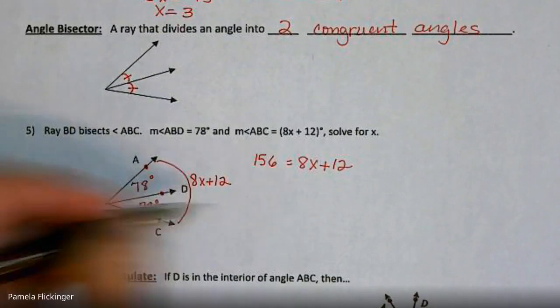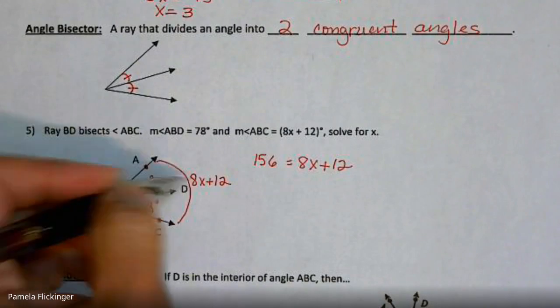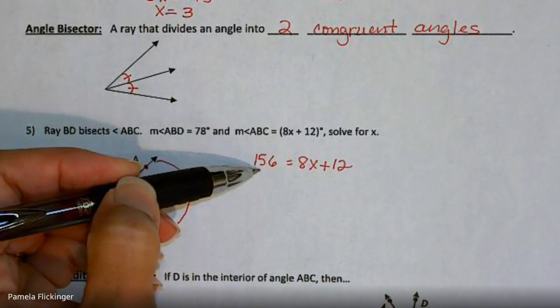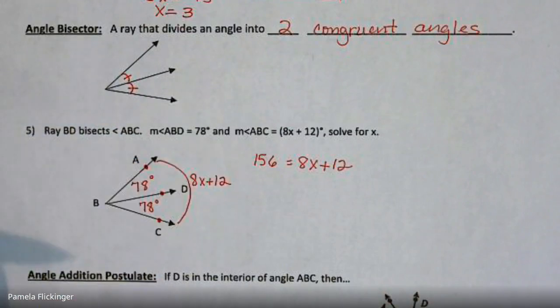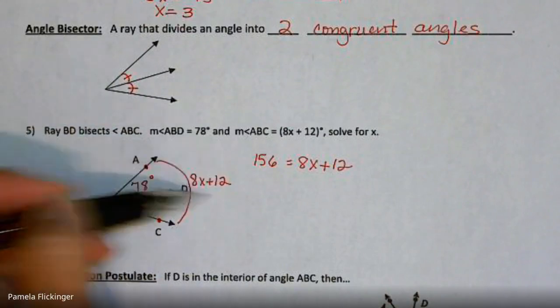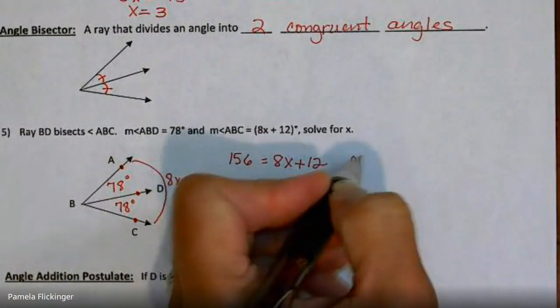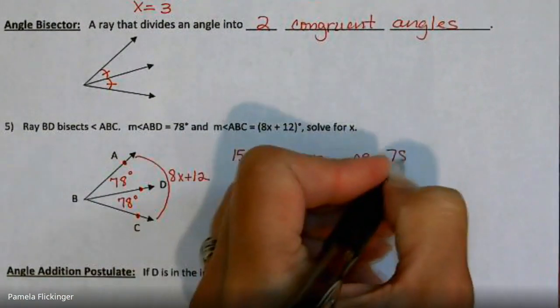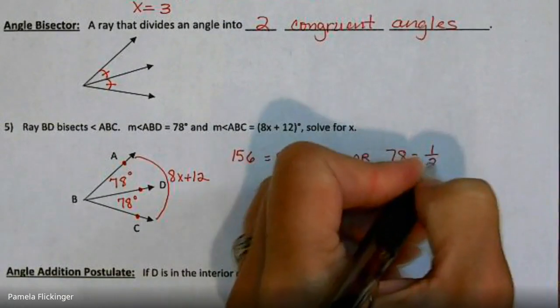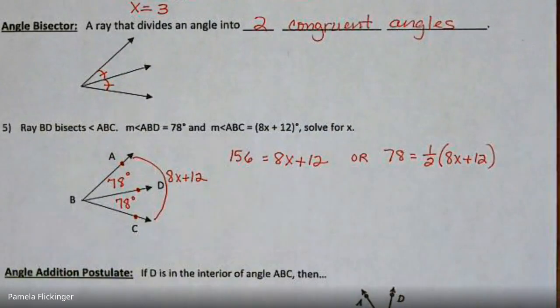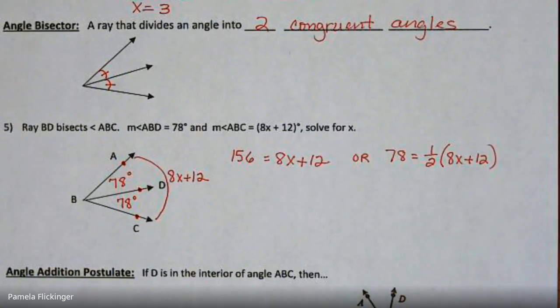You could show 2 times 78 equals 8x plus 12. But again, 2 times 78 gets you the 156. You could also take half of this. So you could have said 78 equals half of 8x plus 12. A couple different ways you could have set it up, but both will get us the same answer.